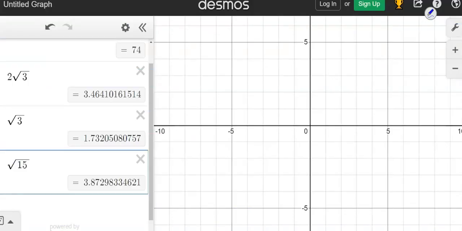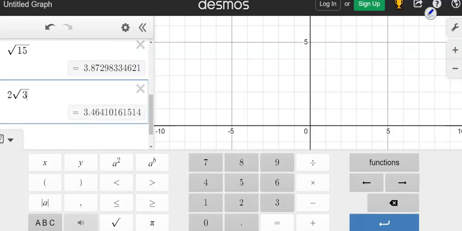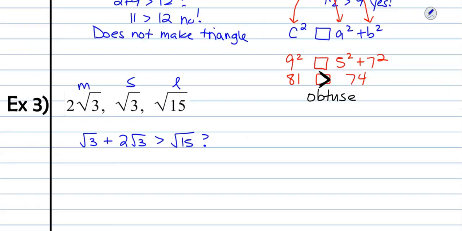So basically, I'll just type them in. So 2 square roots of 3 plus the square root of 3. And we get like 5.20, which is definitely bigger than the square root of 15, which is 3.87. So it is a triangle. So I'm just going to answer that question right away. Yes, it is a triangle.